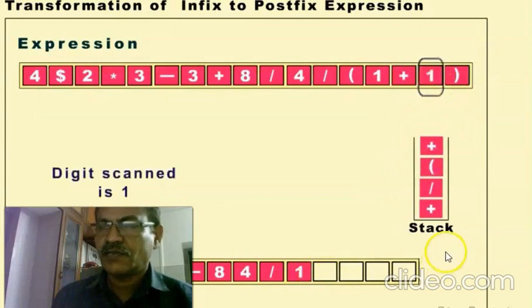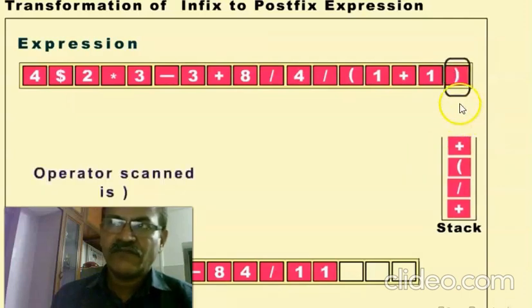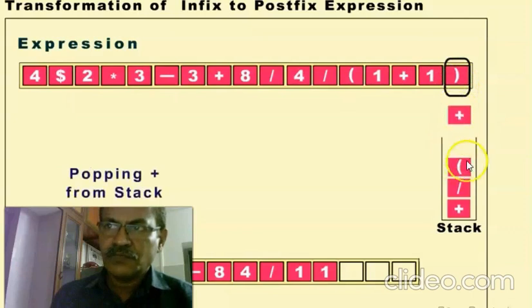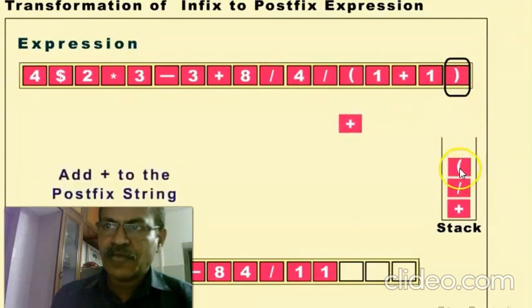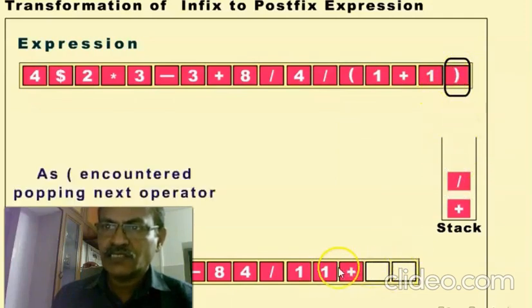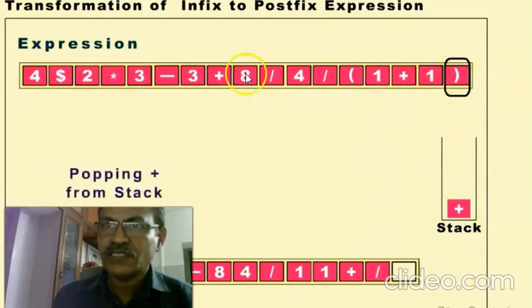Come here. When we find a closing bracket, all the operators up to the opening bracket, including that opening bracket, should be popped out. And this gets cancelled. We will not be storing brackets in the postfix expression. And we should empty the stack because we are done with this expression.